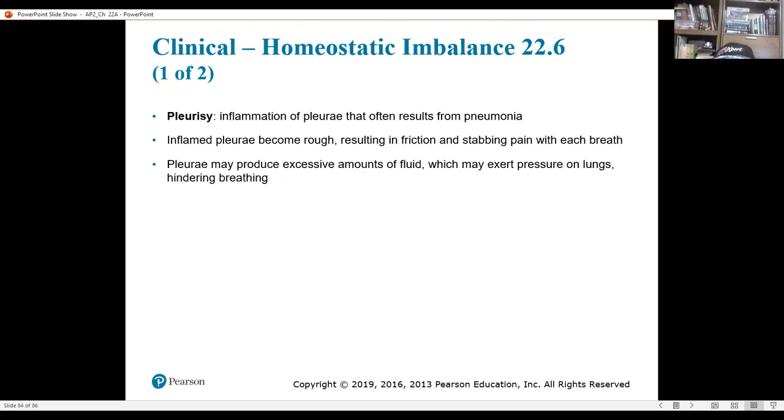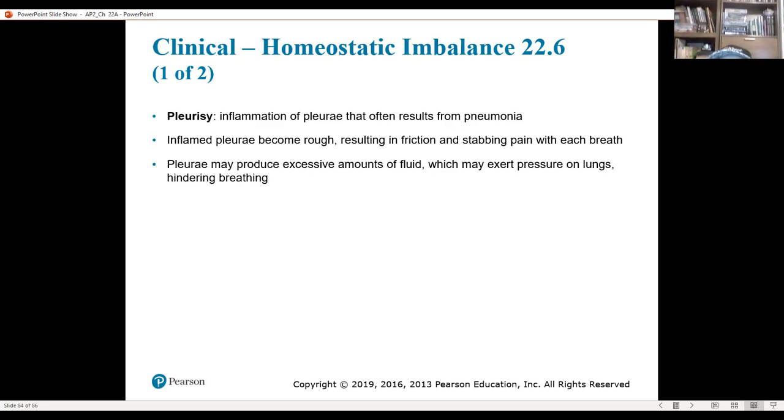No, we're good. All right, so pleurisy is inflammation of the pleura. A lot of people get it from pneumonia. If the pleura are inflamed, they get rough, and then there's friction where the two sides are rubbing instead of having the serous membrane keep them slippery and smooth.